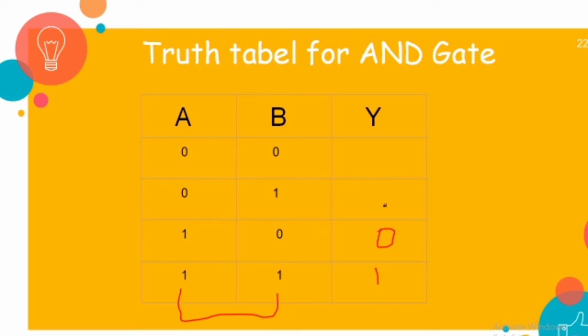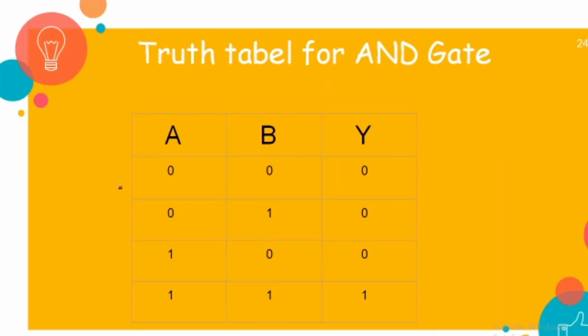So the first three outputs are 0 and the last one is 1, that is high.